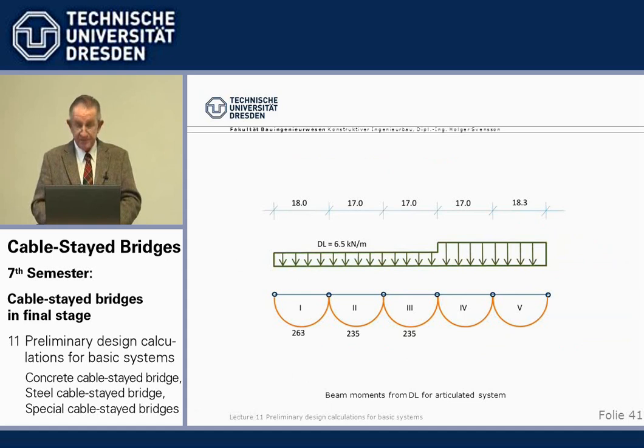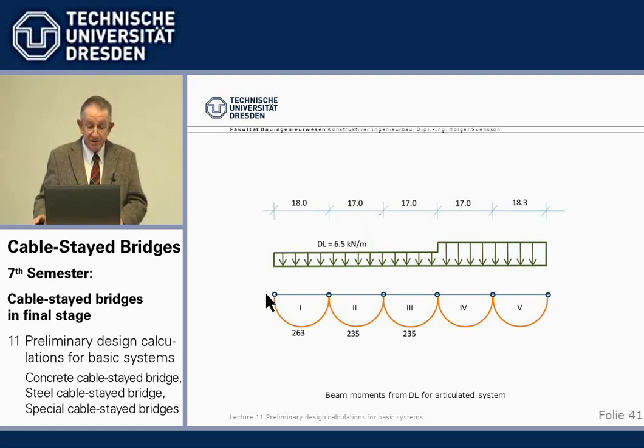In the next step, one could change the steps around. We have the life load envelope, and we need to know what comes in addition to the life load from the dead load.